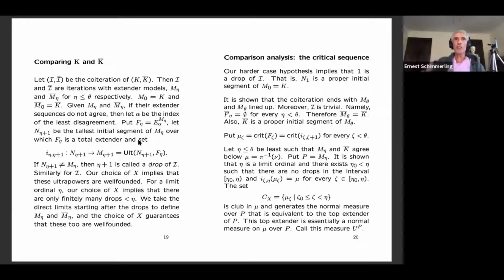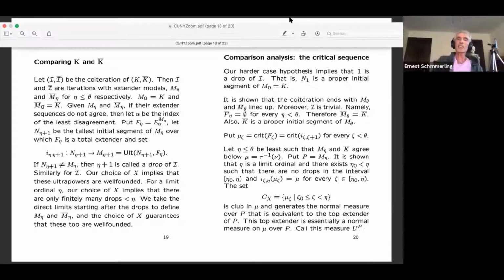And as long as you take, at each stage where you take ultra powers, you get a well-founded model. And at limits, when you take direct limits, you go to the last drop, you take the direct limit from there, you get a well-founded model. So iterability means everything is well-founded.